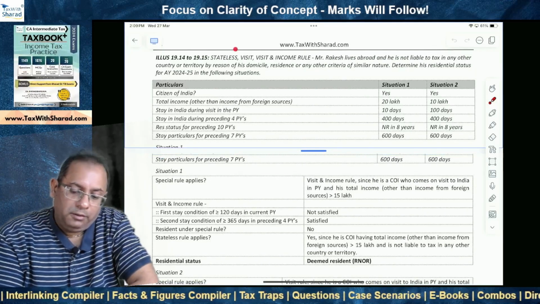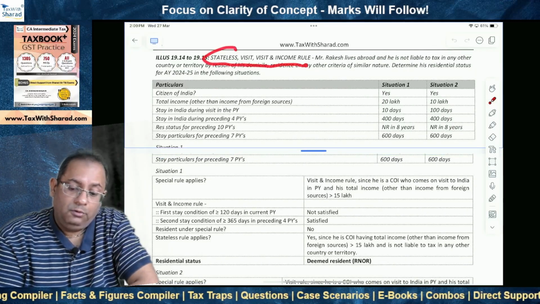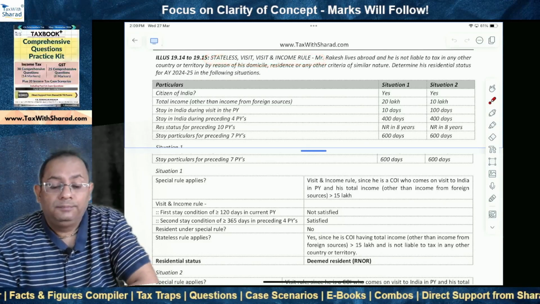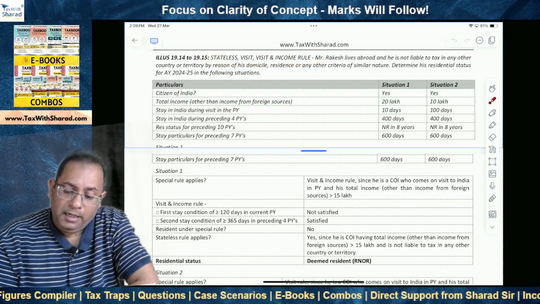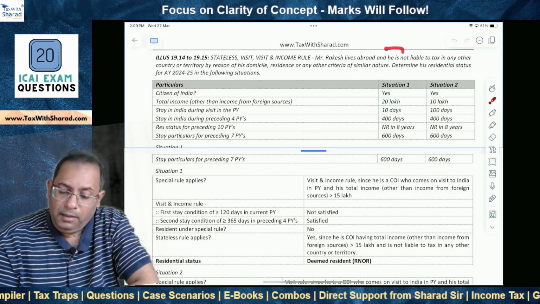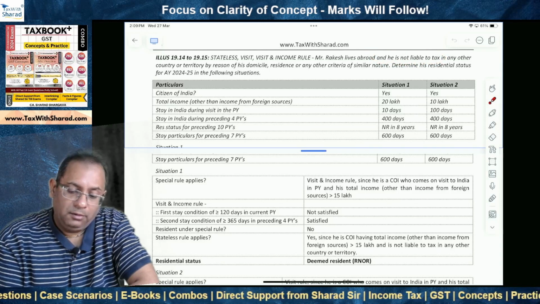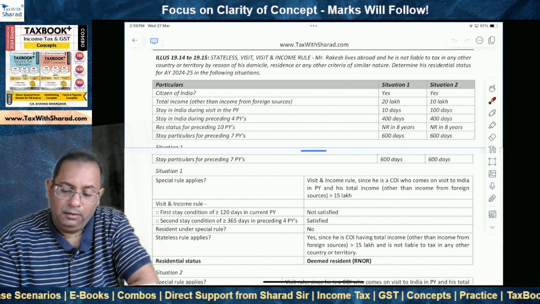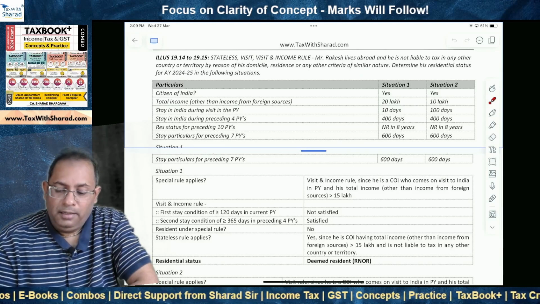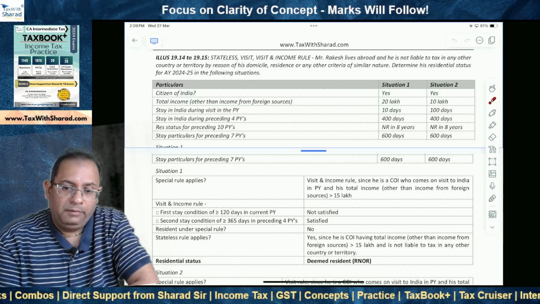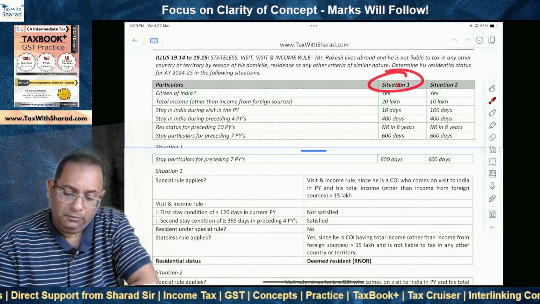Now in the next illustration, we check applicability of stateless rule, visit rule, as well as visit and income rule. Mr. Rakesh lives abroad and he is not liable to tax in any other country or territory by reason of his domicile, residence, or any other criteria of similar nature. Determine his residential status for AY 24-25 in the following situations. Situation 1.